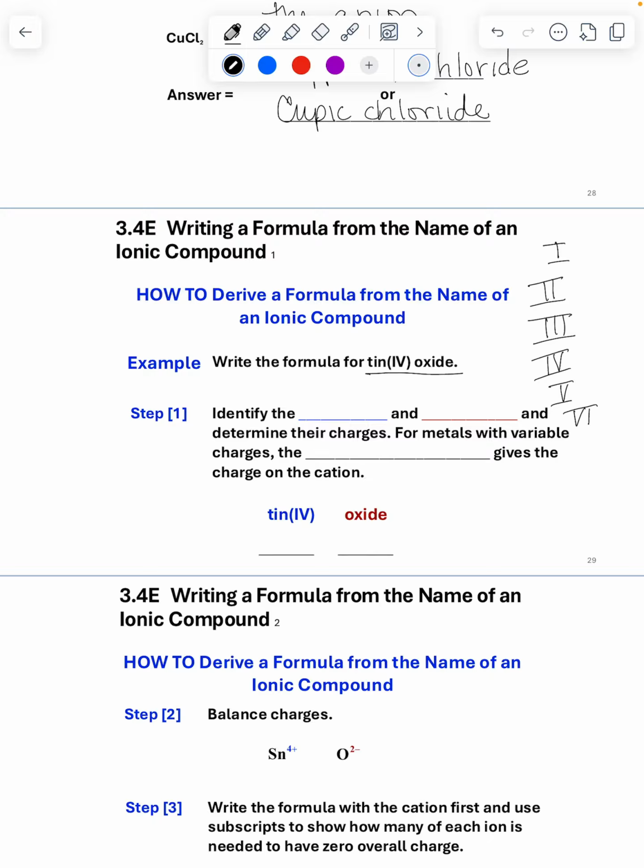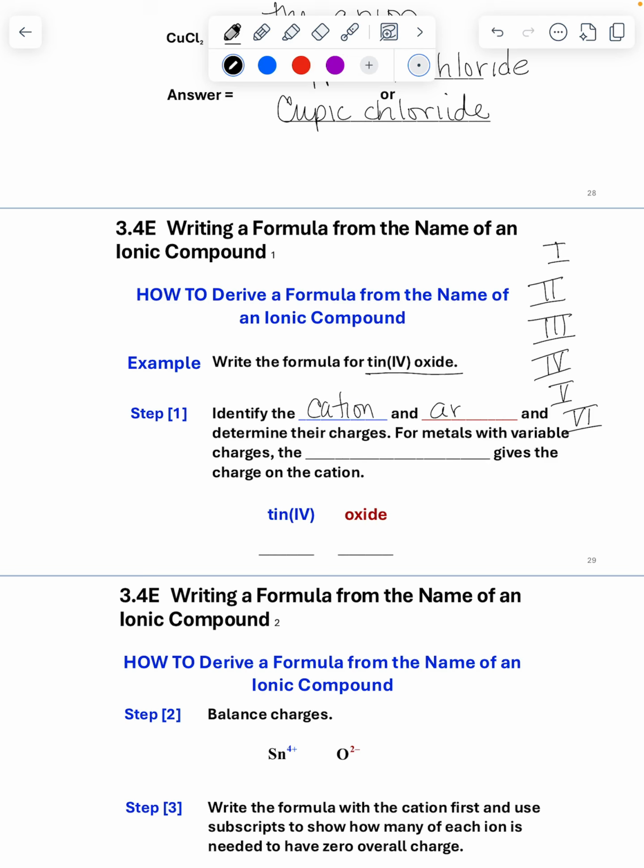So we typically don't go past those. So you might want to jot those down somewhere just in case you are not familiar with the Roman numeral system. So when we're given a name such as tin(IV) oxide, we want to identify the cation and the anion.